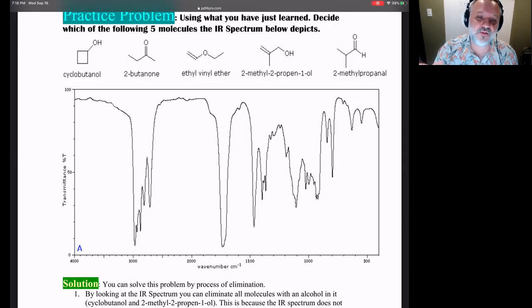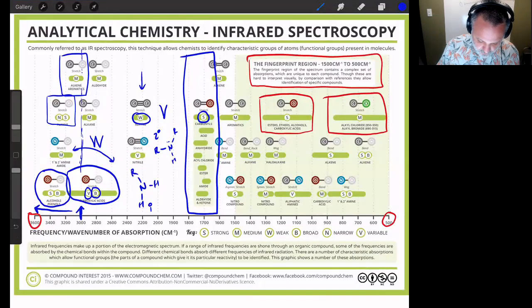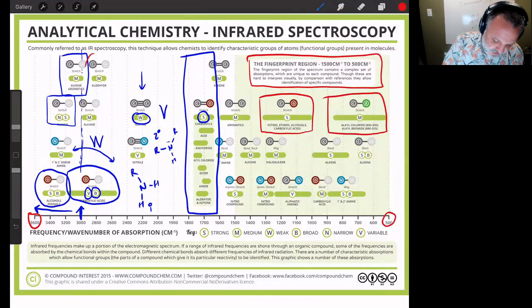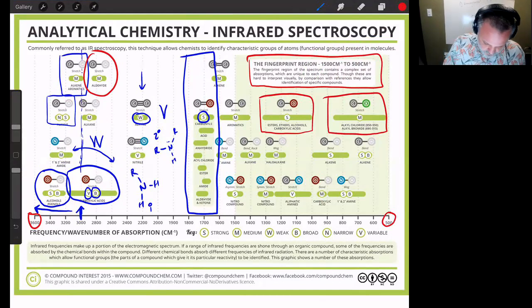Now, how do I tell the difference between 2-butanone and 2-methylpropanol? If we go right back and take a look at this particular structure, what do we have? One of the possibilities was an aldehyde and one of them isn't. So here's another example of a peak that's particularly useful.